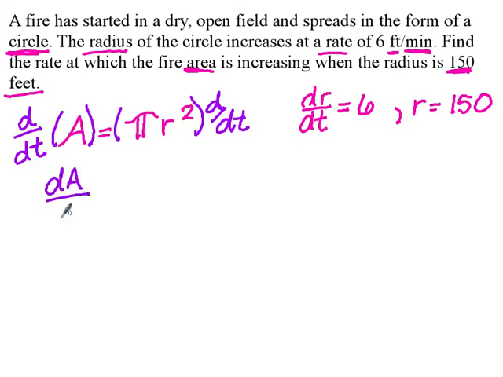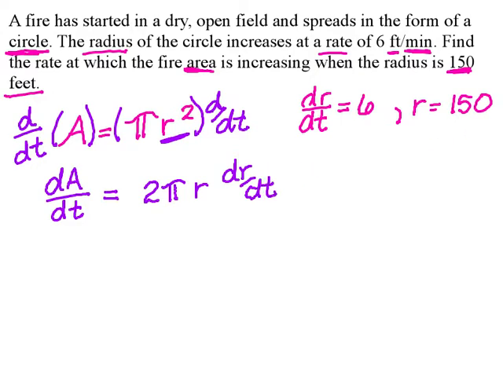Variables do not match. Okay, now the big question is, what do I do with the pi? Remember, the pi is just a number. Okay, so basically I'm looking for the derivative of r squared. What's the derivative of r squared? 2r. So really this would be 2 pi r. And what else? dr dt, because your variables do not match.